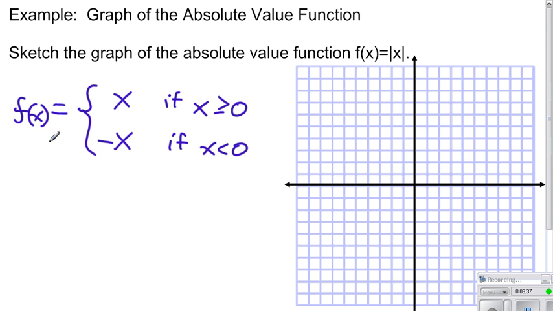So we know that the graph of f of x equals x. We plug in 0, we get 0. Plug in 1, we get 1. 2 to get 2. 3 to get 3. 4 to get 4. And so on.